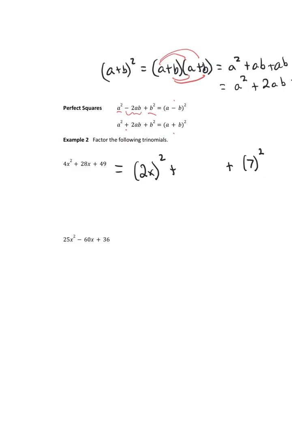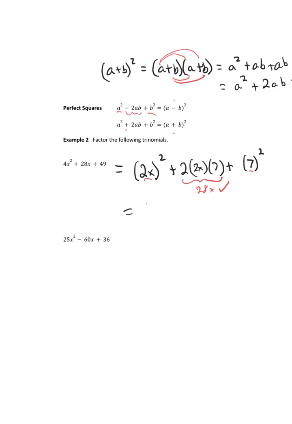And then if I have 2 times those same things that I just found as the bases of those perfect squares, that would be 2x and 7. If I multiply that out, 2 times 2 is 4. 4 times 7 is 28x. So that checks out. So the first and last terms are perfect squares, and the middle term is double the product of those two same numbers.